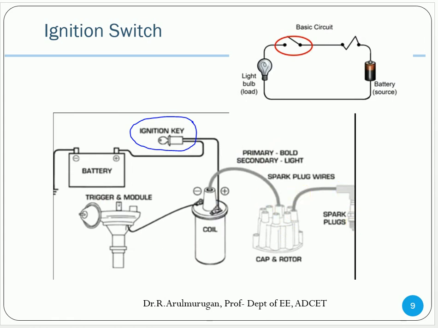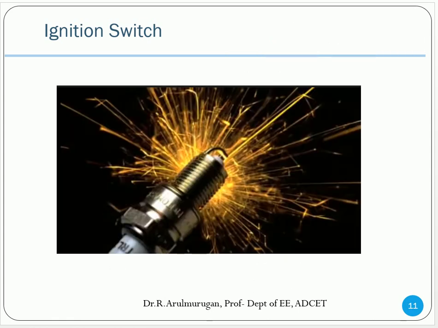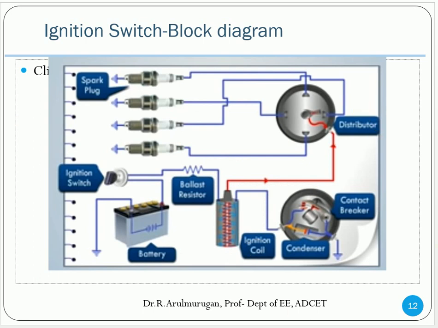I will show you the detailed circuit diagram. Similarly, the block diagram: battery to the switch, then to the resistor, the resistor to the ignition coil, the coil to the distributor, then to the spark plug, and the ignition coil is connected to the contact breaker.